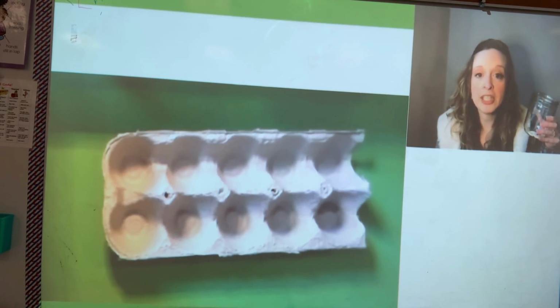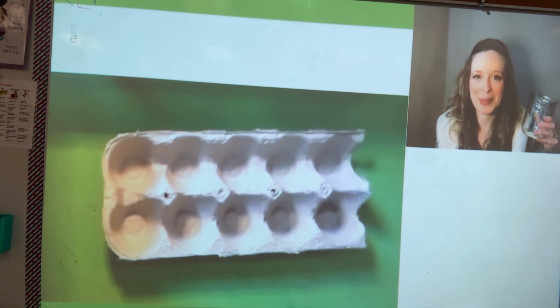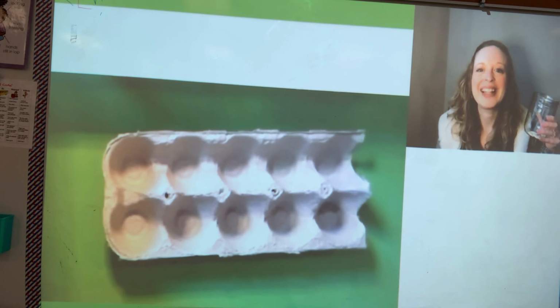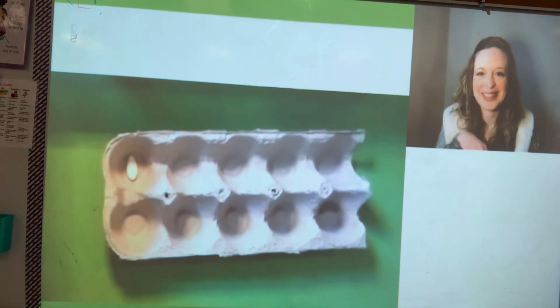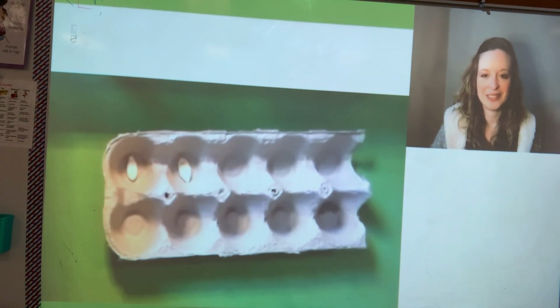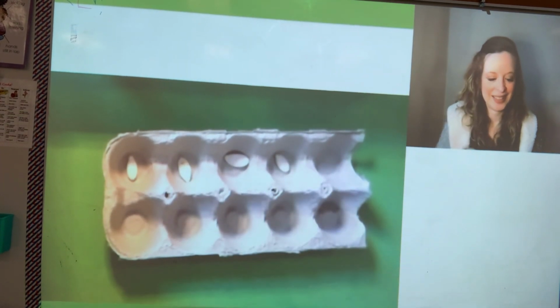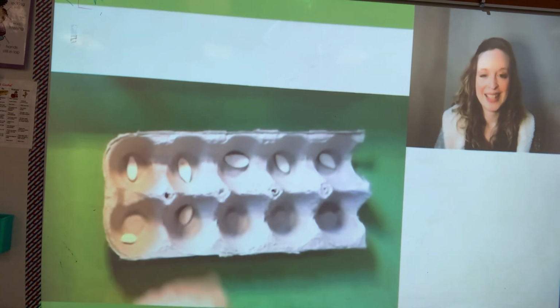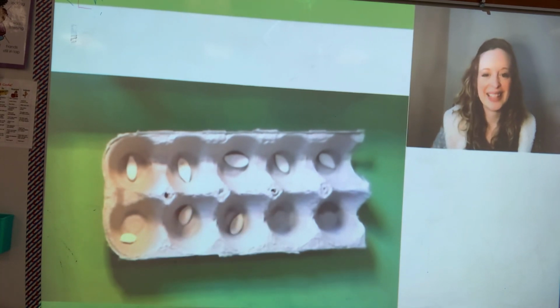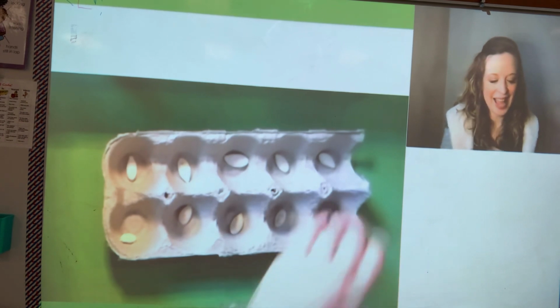When I put each seed in the slot, say the number. Ready? Go. 1, 2, 3, 4, 5 pumpkin seeds, 6, 7, 8, 9, 10.